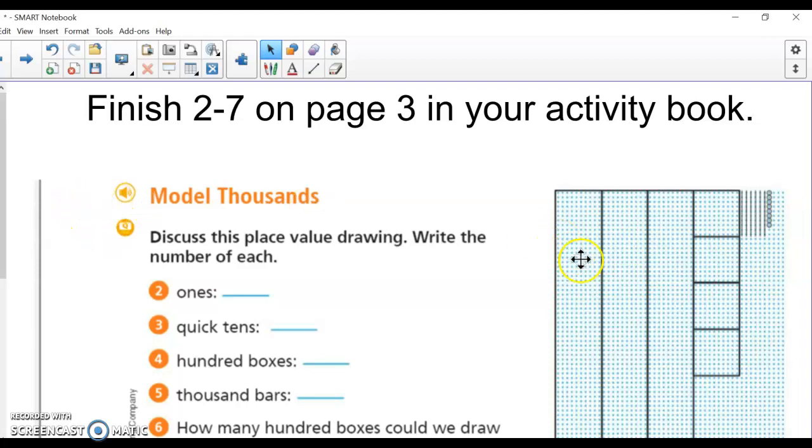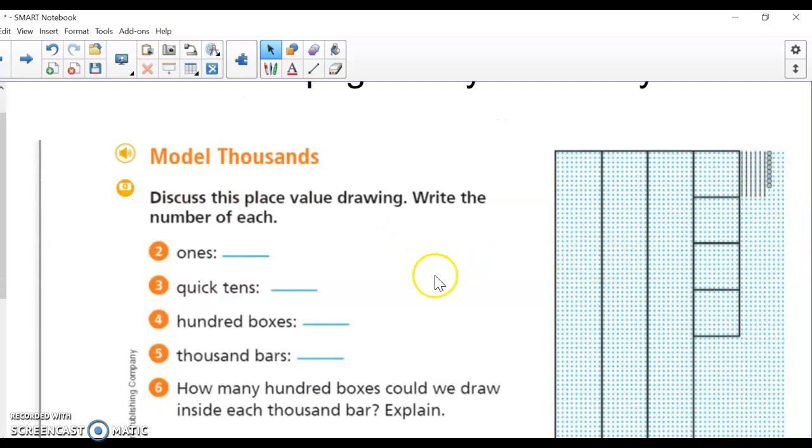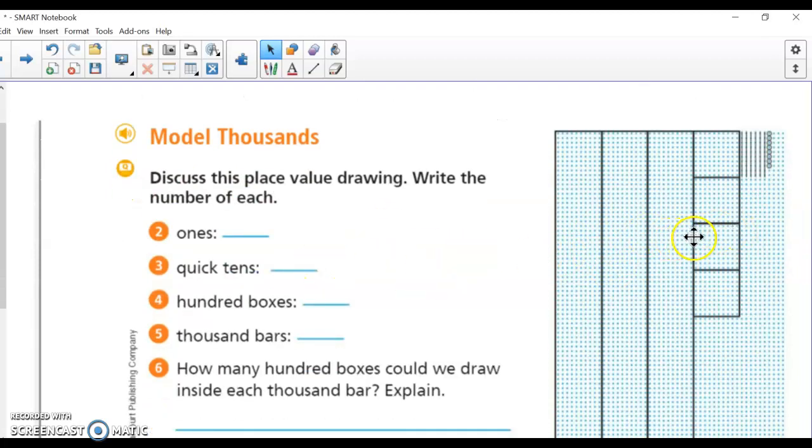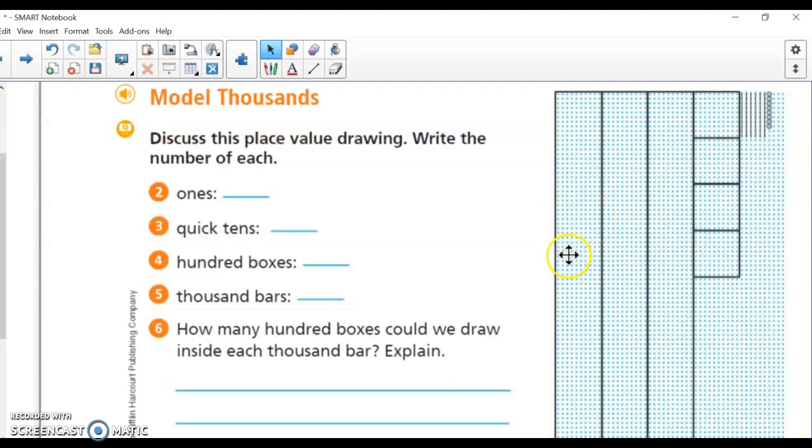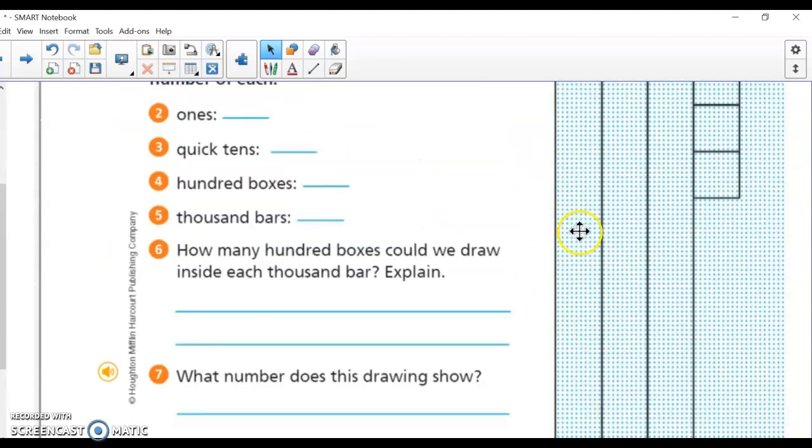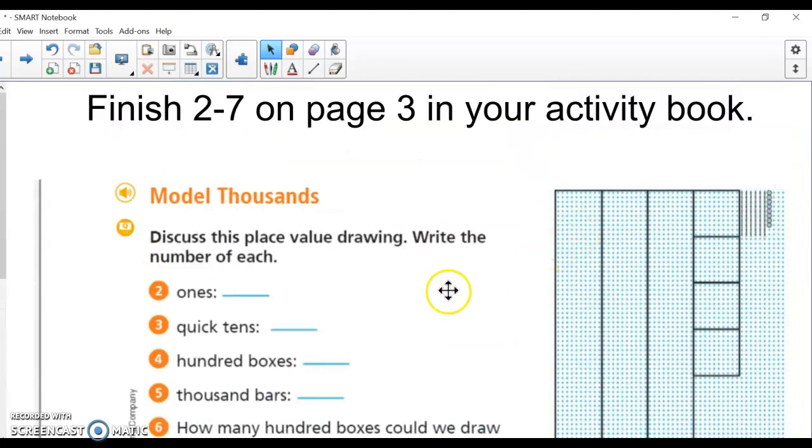All right. Now, let's look at page 3 in your activity book. And I want to look at the picture that we represent now. This model represents a number that goes to the thousands, because I see some thousands bars. Let's start together and then I'll have you finish. It says discuss the place value drawing and then write the each. So now let's look at how many ones there are. Remember, our ones are our little dots.